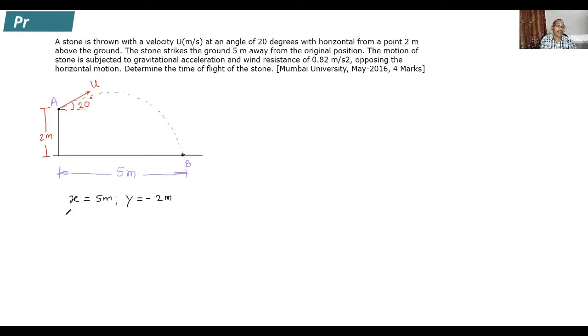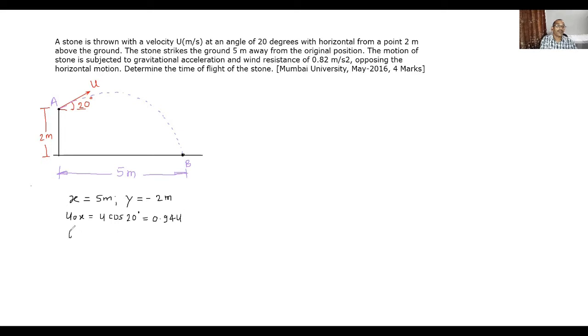Now, the horizontal component of velocity, which we are representing as u0x, comes out to be u cos of the inclination of velocity, 20 degrees. If you calculate, cos 20 is 0.94. Therefore, this value comes out to be 0.94 u.